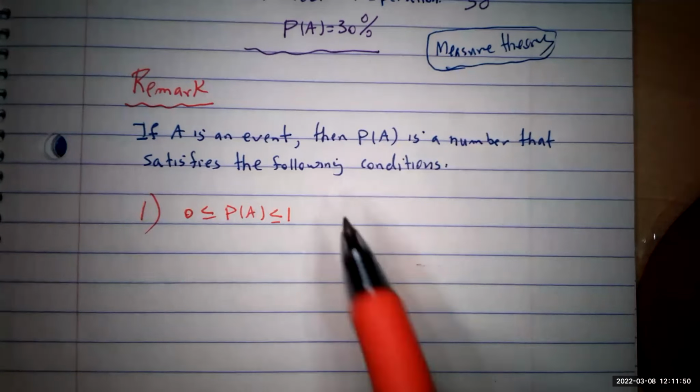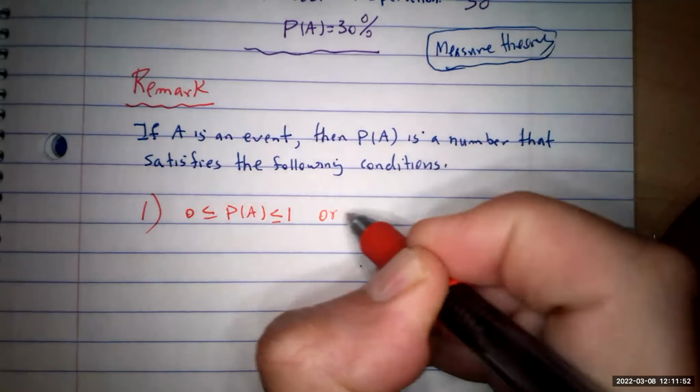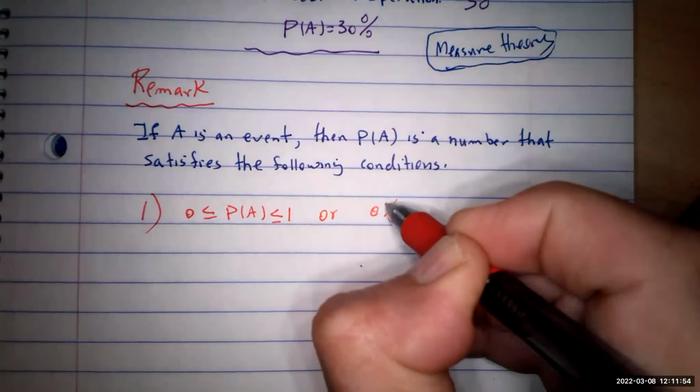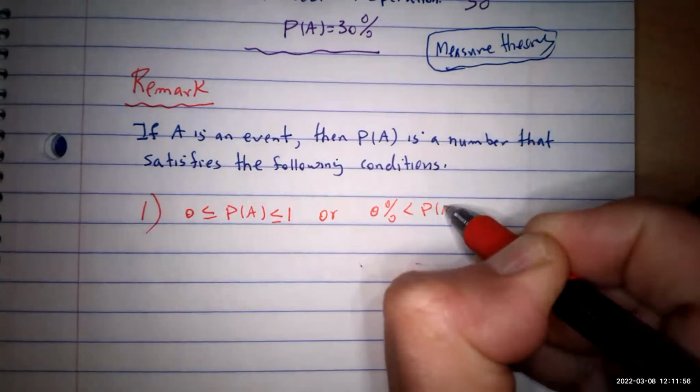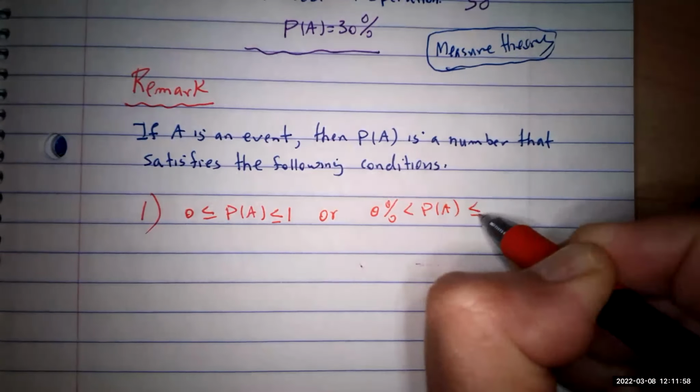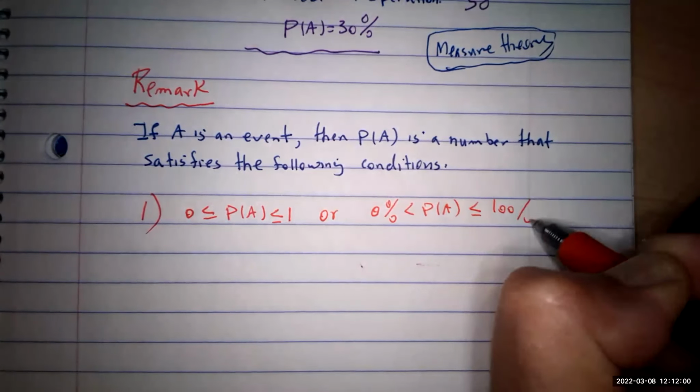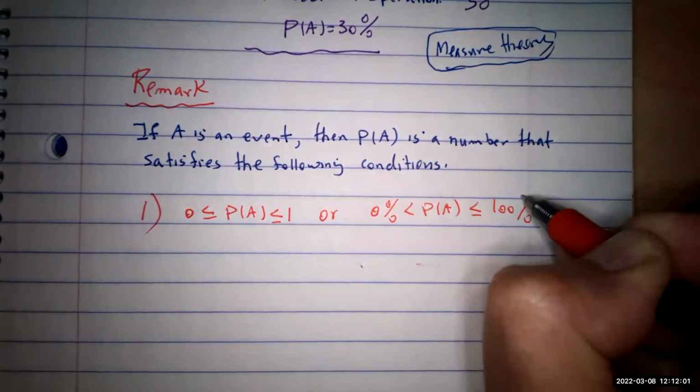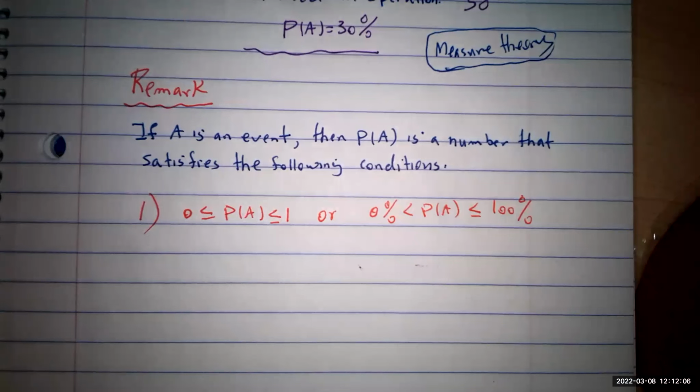Now, in percent, it's going to be 0% to 100%. P of A, you know that the 1 is the same as the 100%. So that's the first condition. If somebody said the probability of getting A in this course is 110%, you're going to question it. See what I mean?